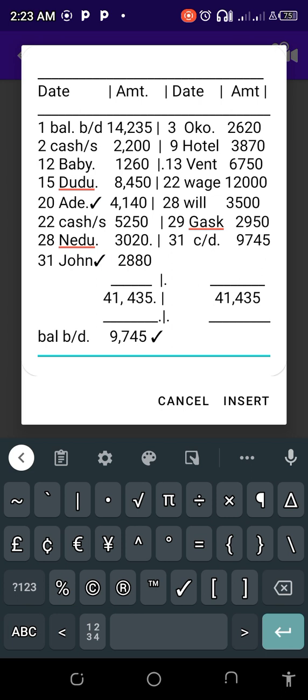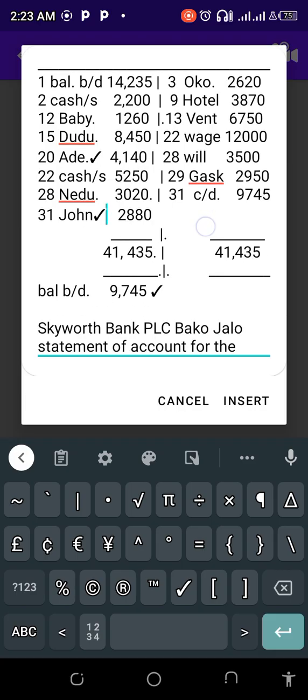On the 31st also, a check was issued and lodged into the bank by John, and it was not found on the credit side of the bank statement. That means it has not been credited. As such, the two uncredited checks in this question are Ade, 4,140, and John, 2,880.